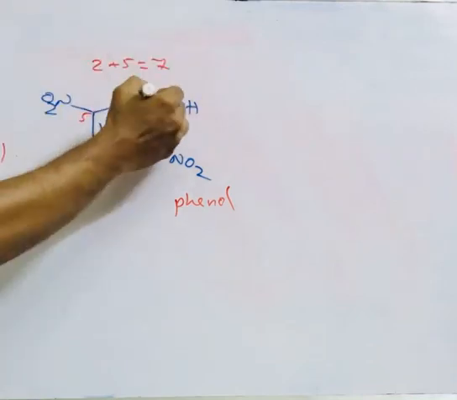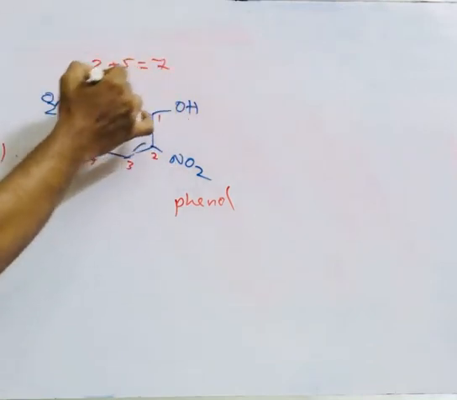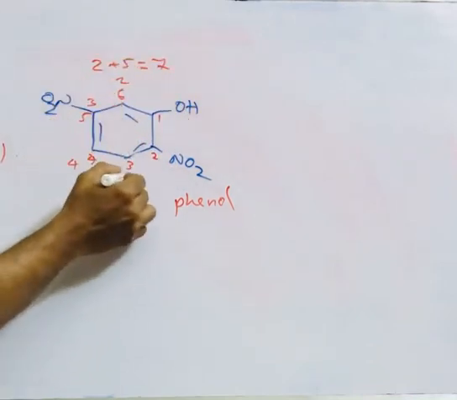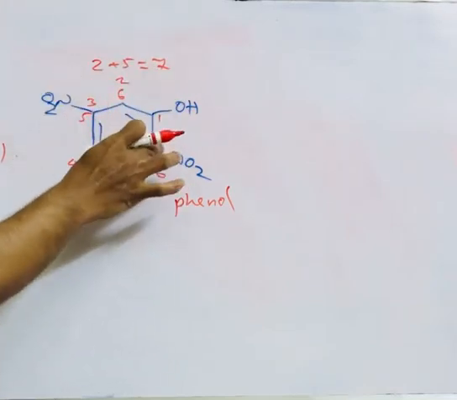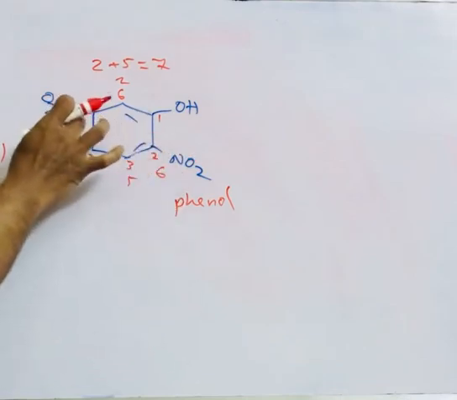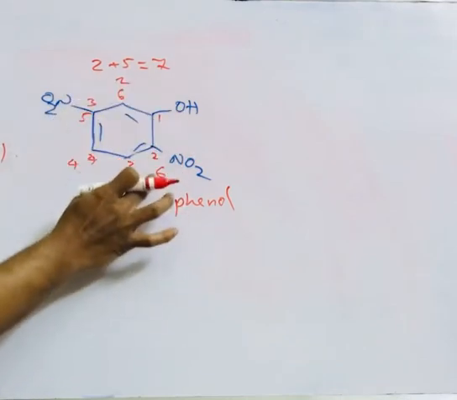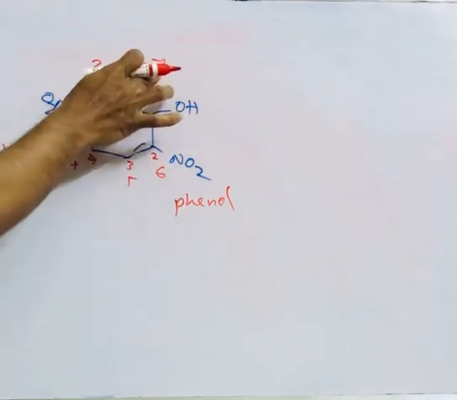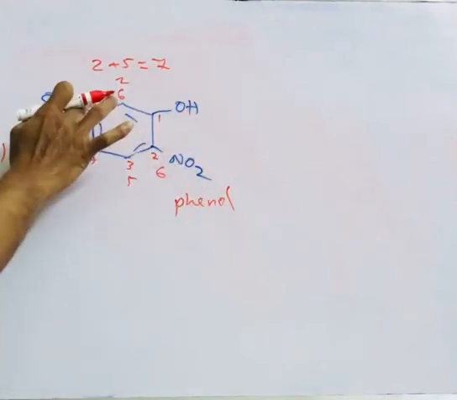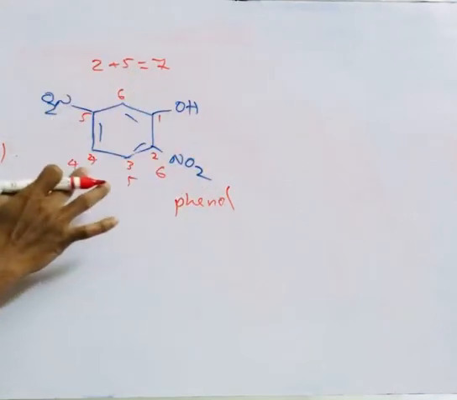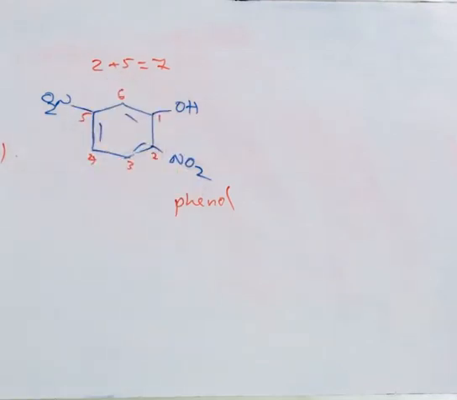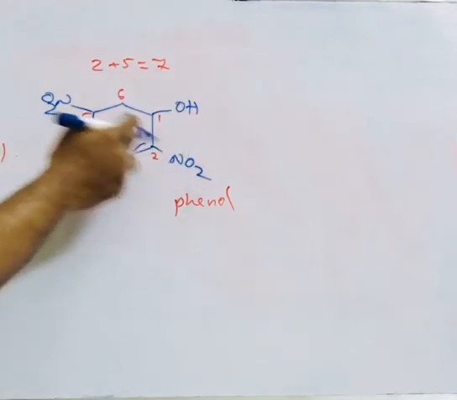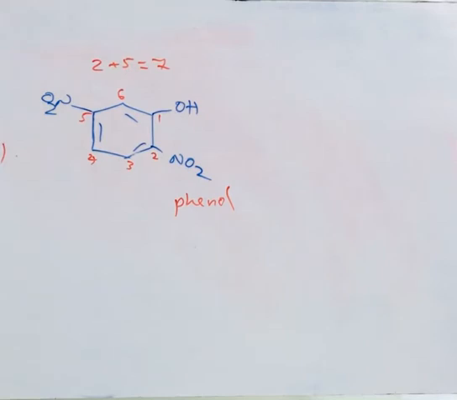If I do the numbering in reverse, 1, this is 2, this is 3, 4, 5, 6, in that case, the total of the substituent numbering is third and 6, 6 plus 3, 9. So 7 is lesser, so you consider this numbering instead of the opposite. Clear? So what happened now? At position 2 one nitro group and at position 5 one nitro group.